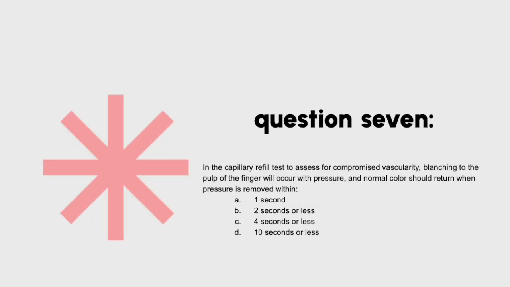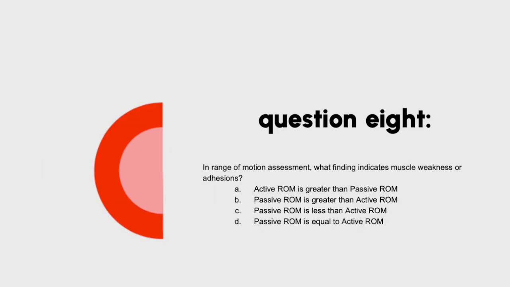Question 7. In the capillary refill test to assess for compromised vascularity, blanching to the pulp of the finger will occur with pressure, and normal color should return when the pressure is removed within A. 1 second, B. 2 seconds or less, C. 4 seconds or less, or D. 10 seconds or less. Question 8.